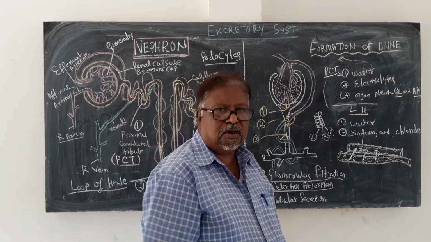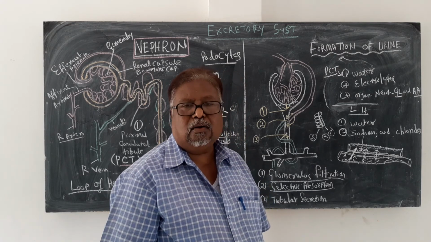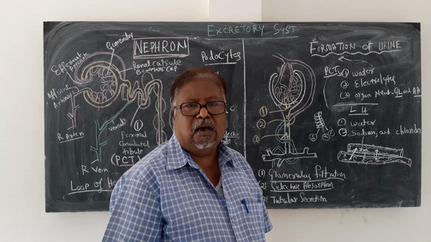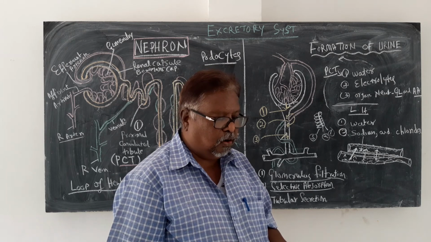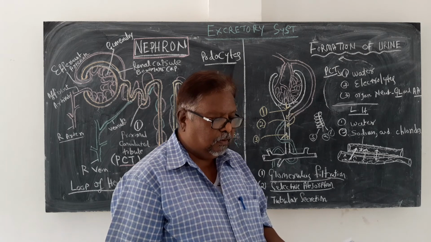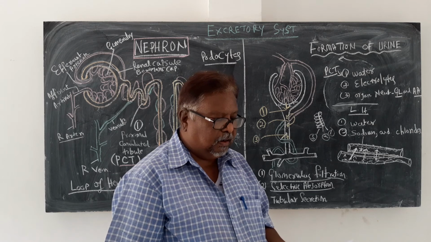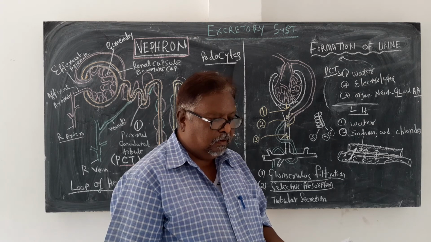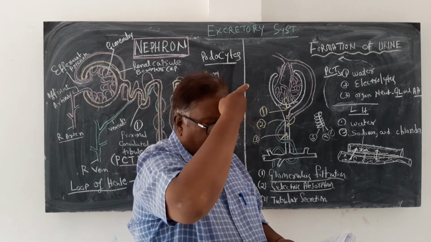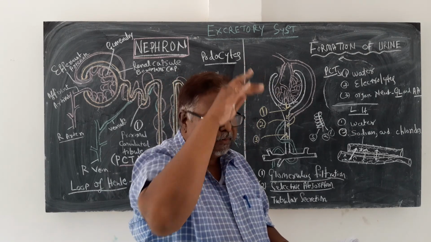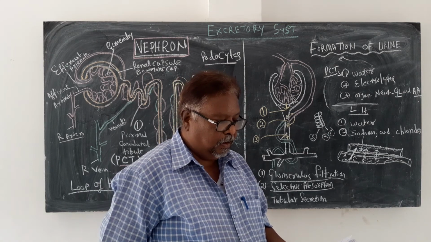Against the concentration of the electrolytes, they move from lower concentration to higher concentration. This is called active transportation, and this is done by the chemical energy which is produced inside the walls. The chemicals are responsible for this active transportation.